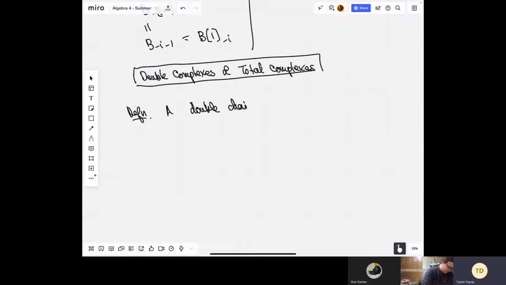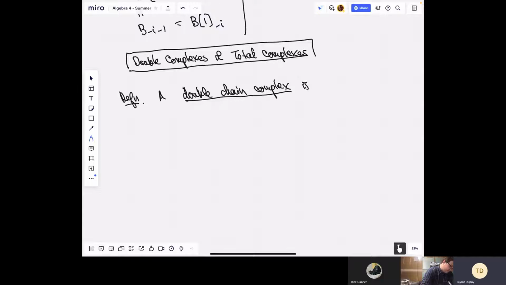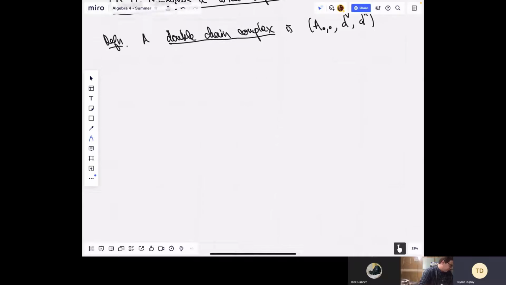A double chain complex looks like this: here we have a bullet, and then we have a vertical map, and we have a bunch of horizontal maps and a bunch of vertical maps. So let me just draw this out.